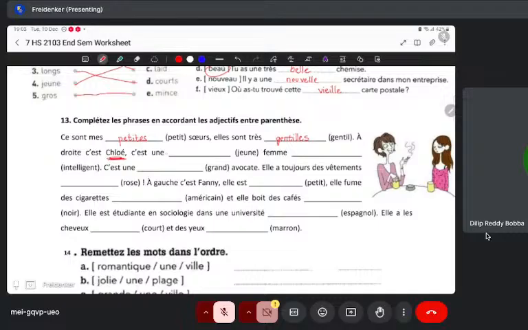C'est une jeune femme. So it's a young woman. It ends with an E, so even in feminine form, it ends with an E, so it's a young woman. And intelligent, so it's a woman, so you'll get an extra E. Intelligent. It's singular because we're talking about Chloé, we're not talking about anyone else.